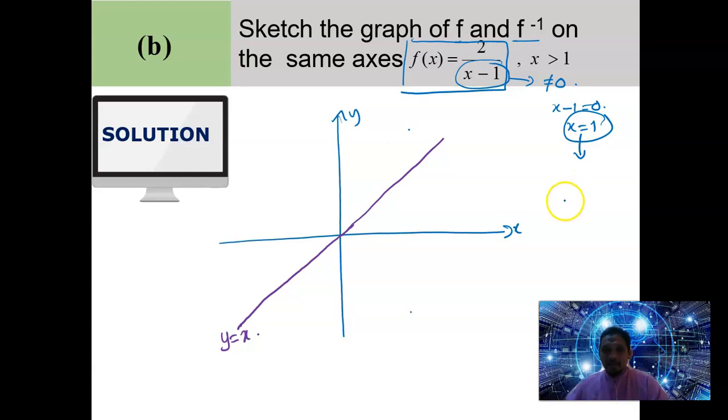So x equal to 1 is an asymptote, because x cannot be equal to 1. If x equal to 1, then 1 minus 1 equal to 0, and 2 divided by 0 is undefined.